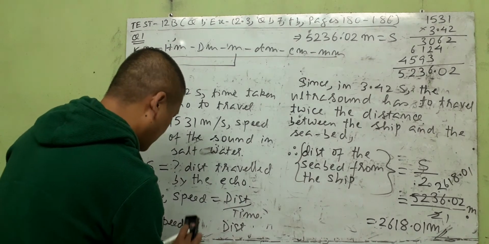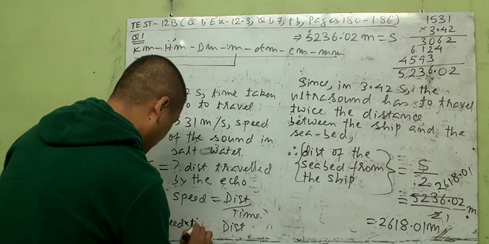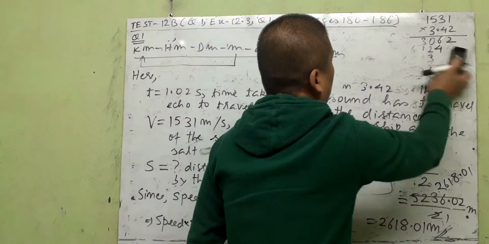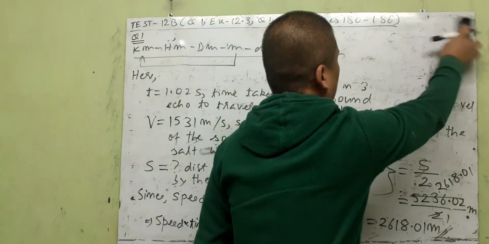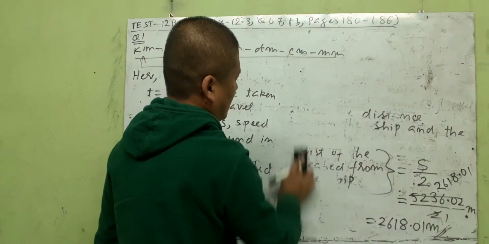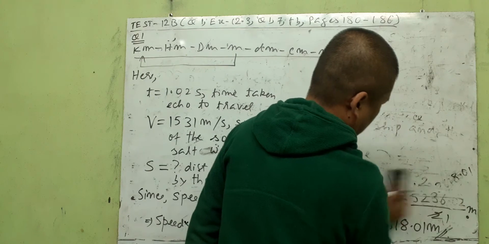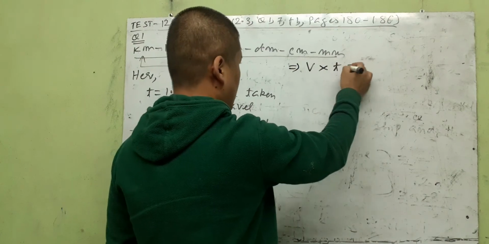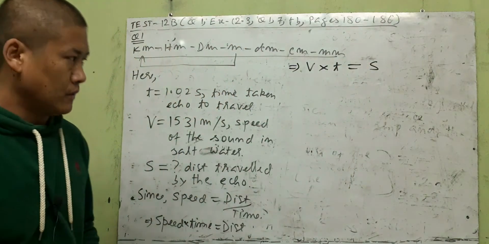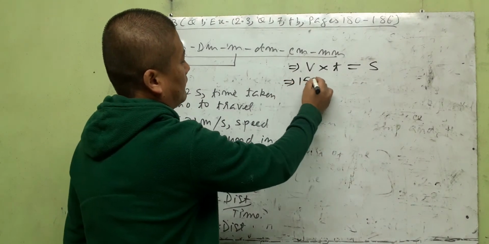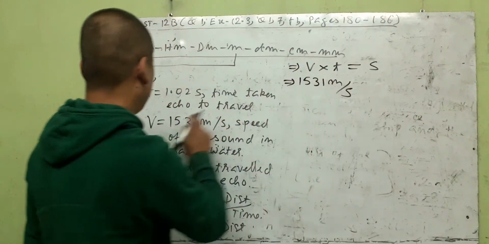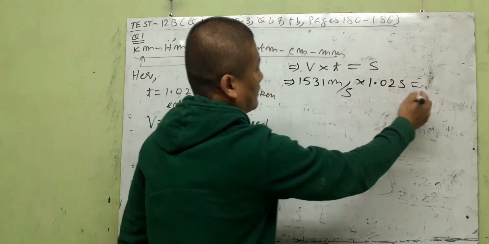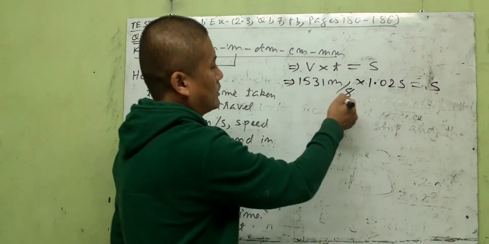Speed we have taken as v, time is t, and distance traveled by echo is s. So 1531 meter per second is the speed, time is 1.02 seconds, is equal to distance traveled by echo.